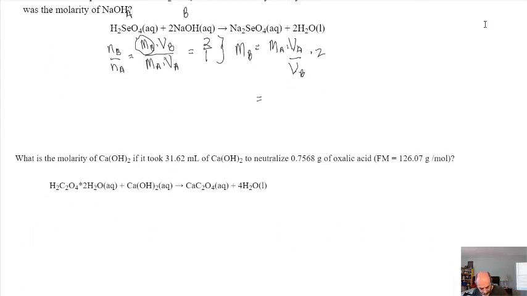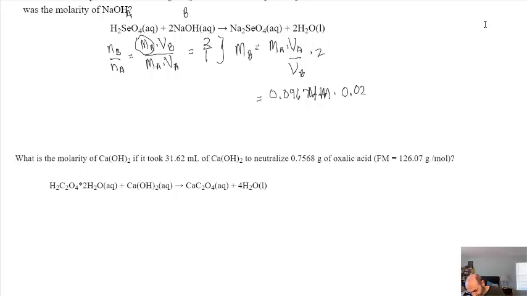So we put our numbers in. The molarity of the acid is 0.09674 molar, times the volume of the acid, which is 20.97 milliliters.